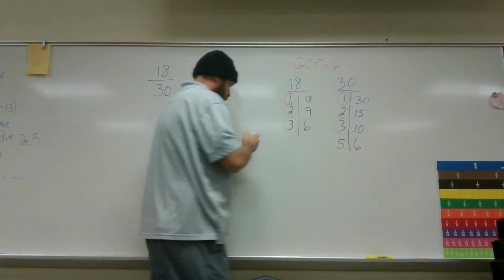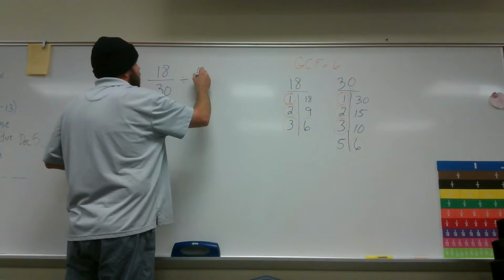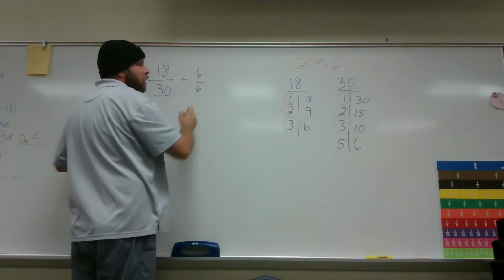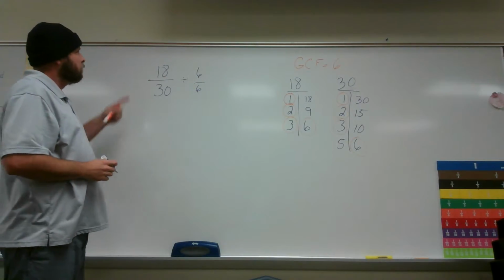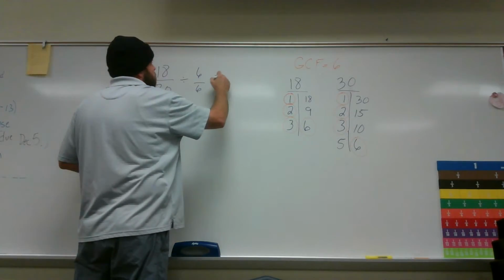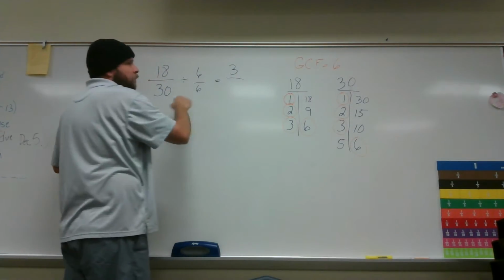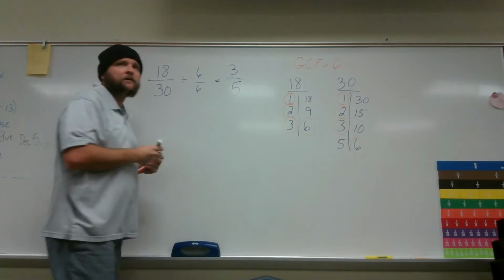Which means I divide both my numerator and my denominator by that greatest common factor of 6. 18 divided by 6 is 3. 30 divided by 6 is 5. So it's 3/5.